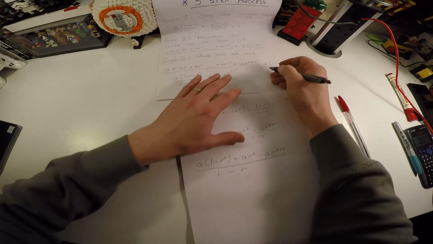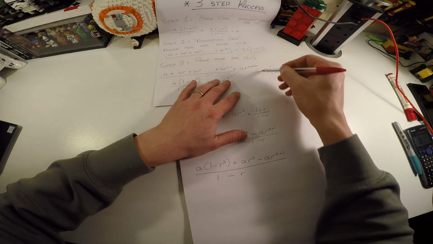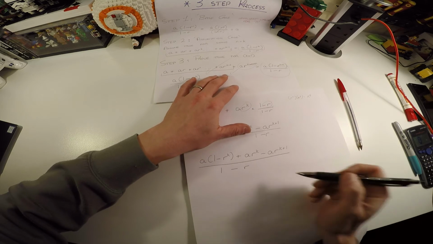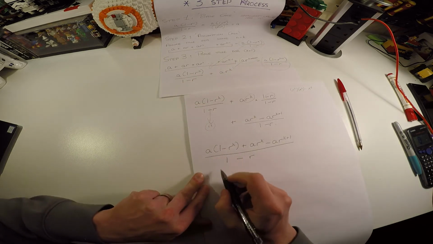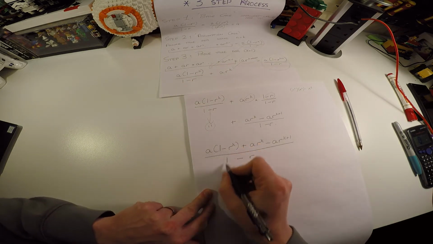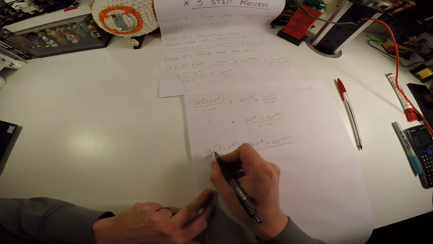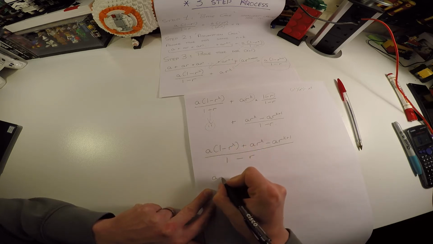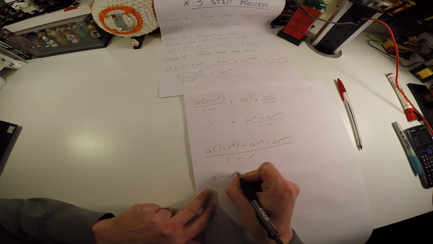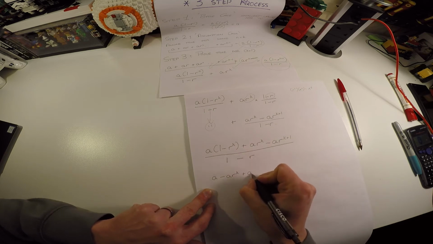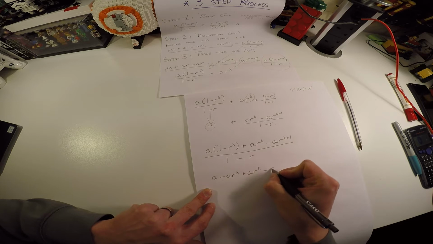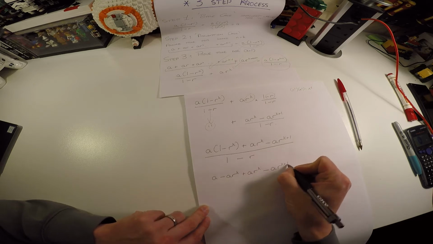Now again, we're trying to get it to look like this stuff here. So, actually multiplying this a here, what do I get? Well, we'll see that we have a, and then a times minus r to the k, a r to the k, plus a r to the k minus a r to the k plus 1.